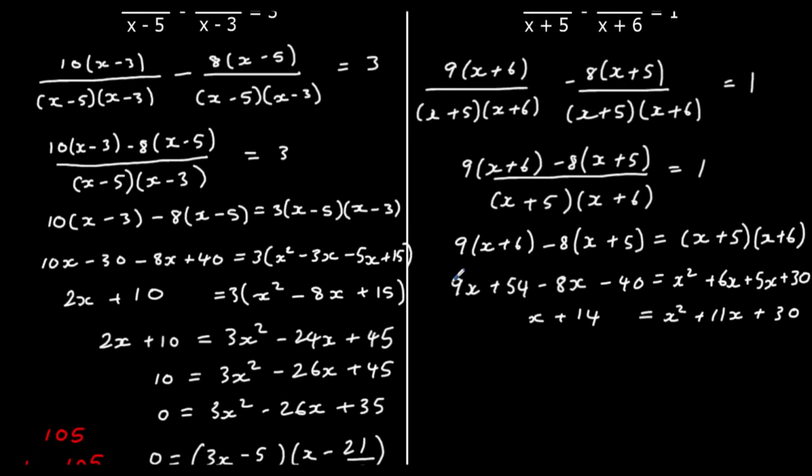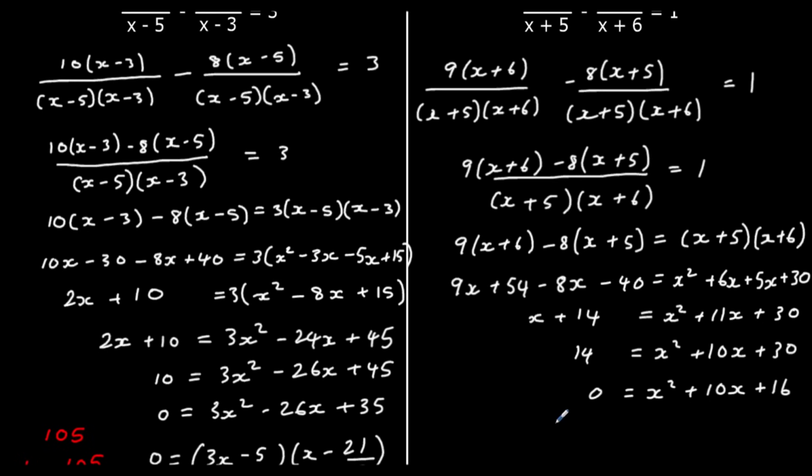So I want to make this equal to 0. So I'm going to take away x from both sides. So I've got x squared, 14 equals x squared plus 10x plus 30. And then take 14 away from both sides, which gives me x squared plus 10x plus 16 is equal to 0.